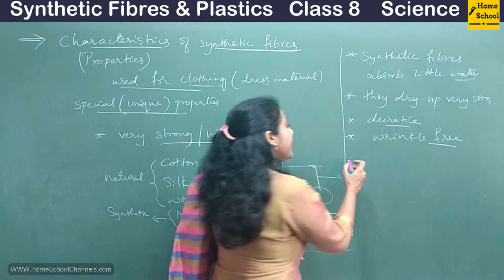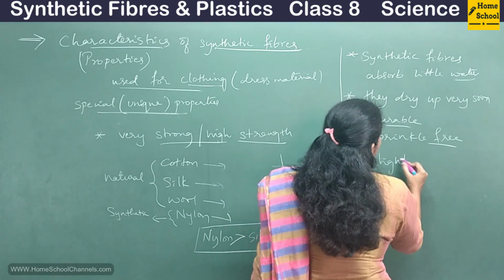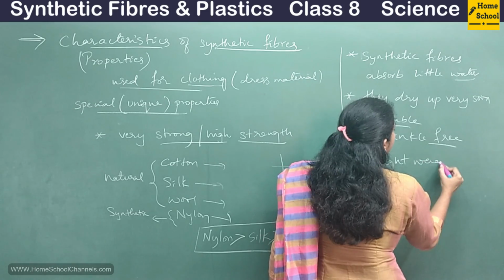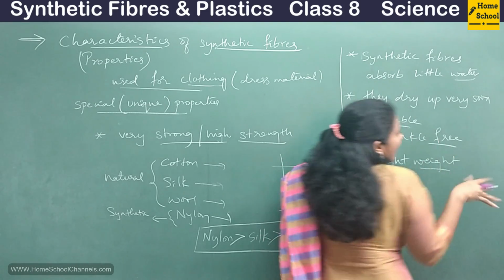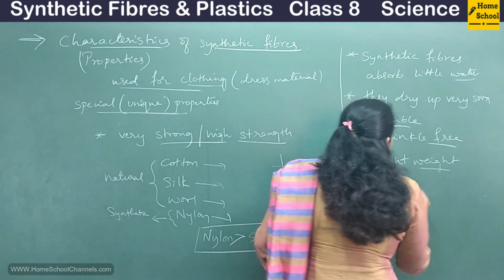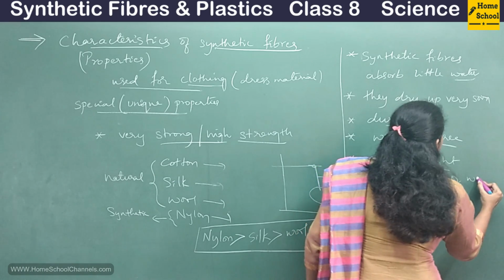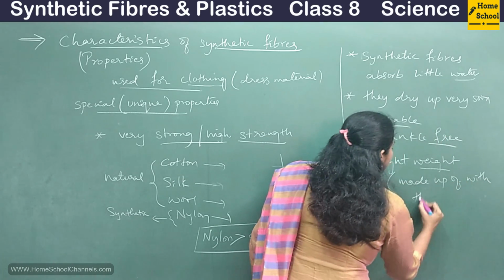Okay, fine. And the next very important property is they are very, very lightweight. So you don't feel the cloth much heavier, right? They are very, very light because they are made up of thin fibers.